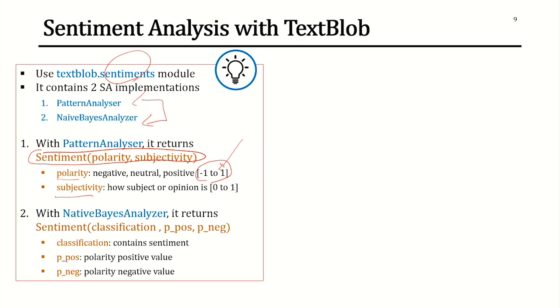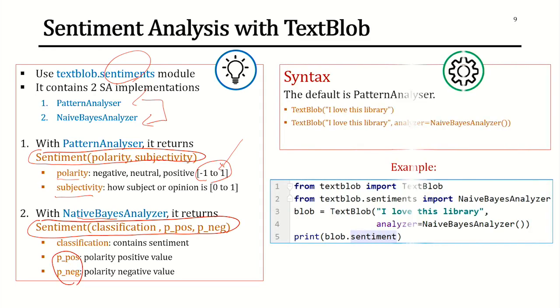And the second implementation uses the naive Bayes analyzer. This implementation returns an object which consists of three data classifications: the sentiment, either positive or negative, and we have p_pos and p_neg here, which represent the positive and negative values for the polarity.